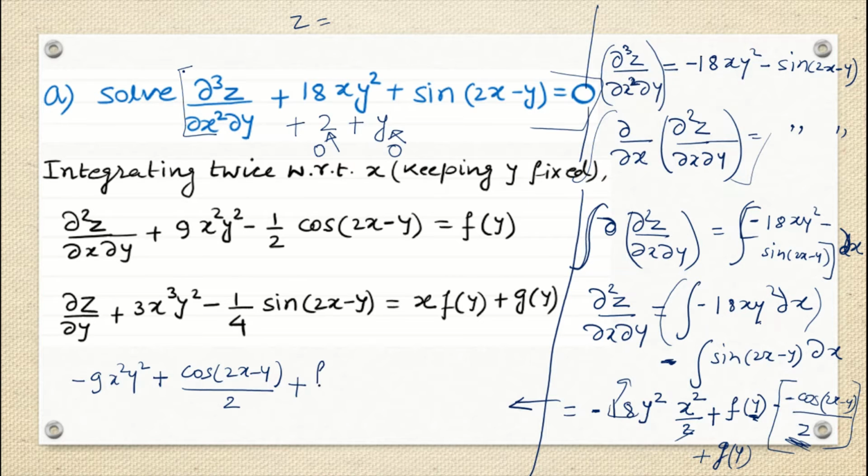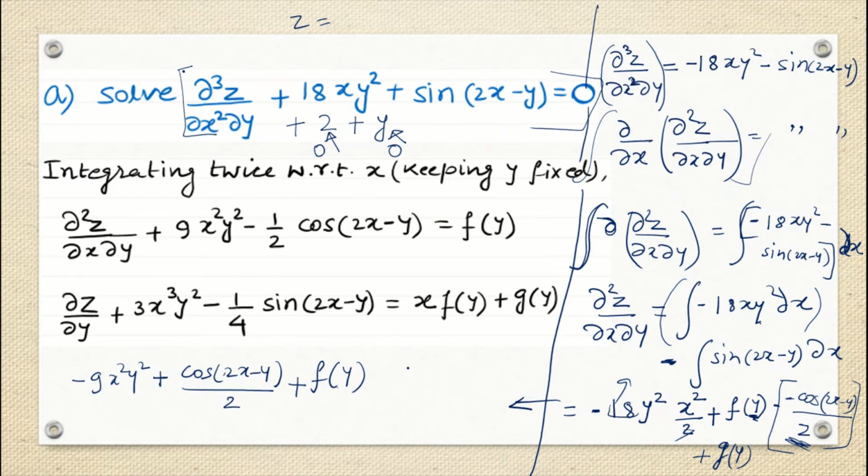You can write any other name also. This could be your f1(y), this could be your f2(y), and now this is your f(y), where f(y) is f1(y) plus f2(y) or something. But the main thing is I am just adding any function which is totally dependent on y, that means an arbitrary function. Okay, so this is my right hand side.